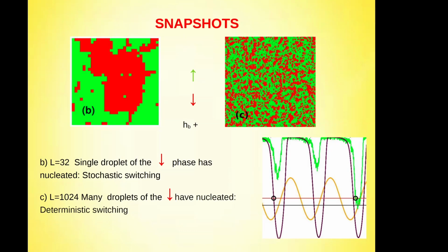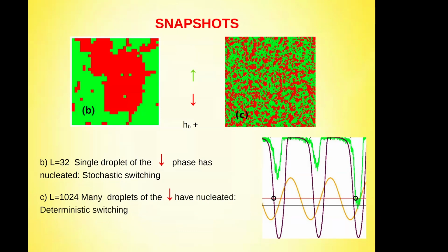We have an image of the surface, and look what happened. Exactly what I was talking about. For the small system, here the field is negative. The stable phase is the one with the spins down, the red ones. The green one is the metastable one. And here what happens?